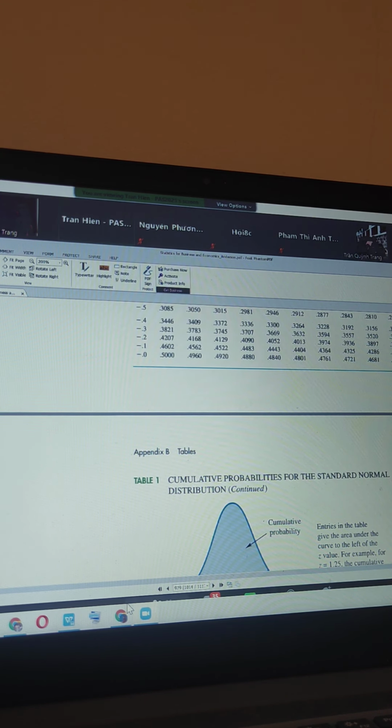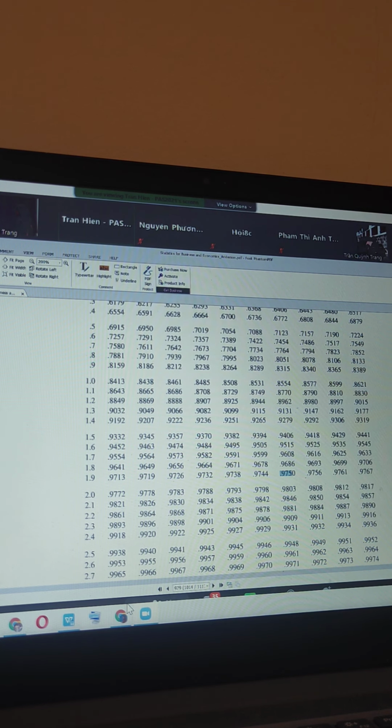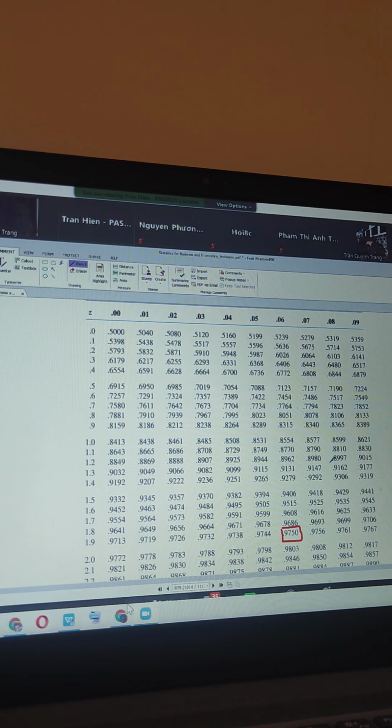Point 975. Okay, we have the exact value here. So in this case, what is the value for z?